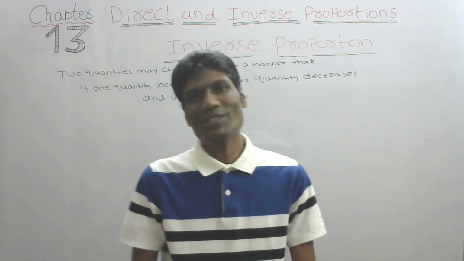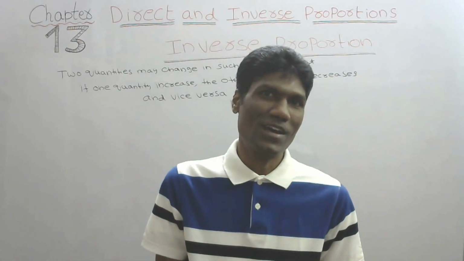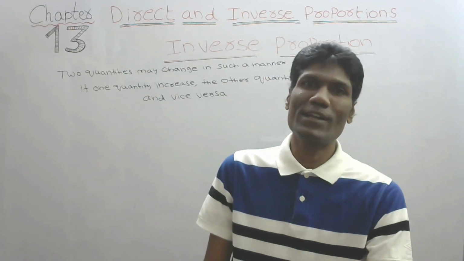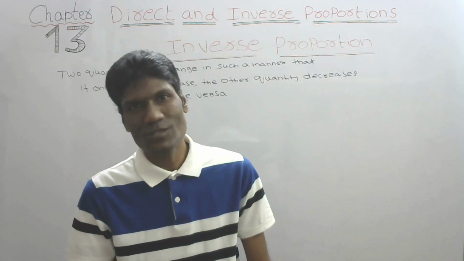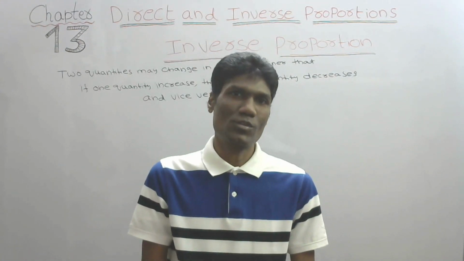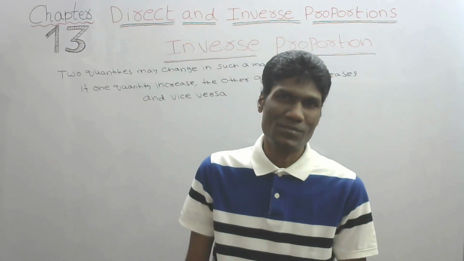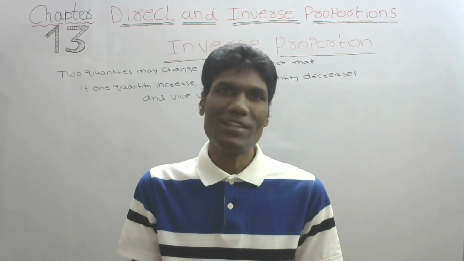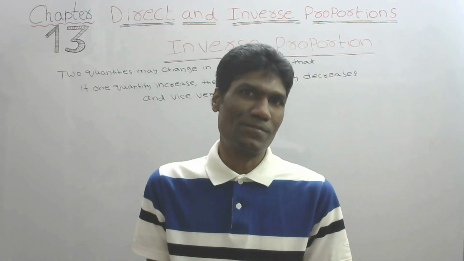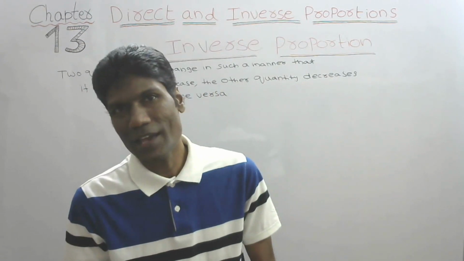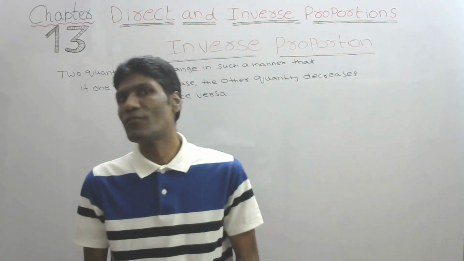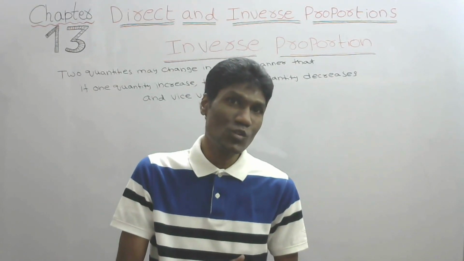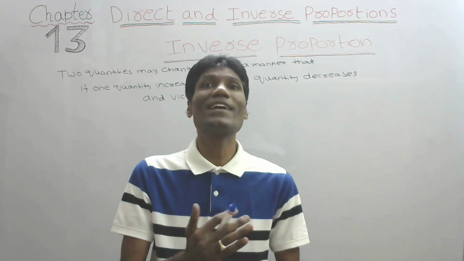Hi, the next topic we will learn now is inverse proportion. It is also called indirect proportion, but commonly it is known as inverse proportion. What is it? In a direct proportion, as we have seen earlier, if one quantity is increasing, then the other quantity is also proportionately increasing.